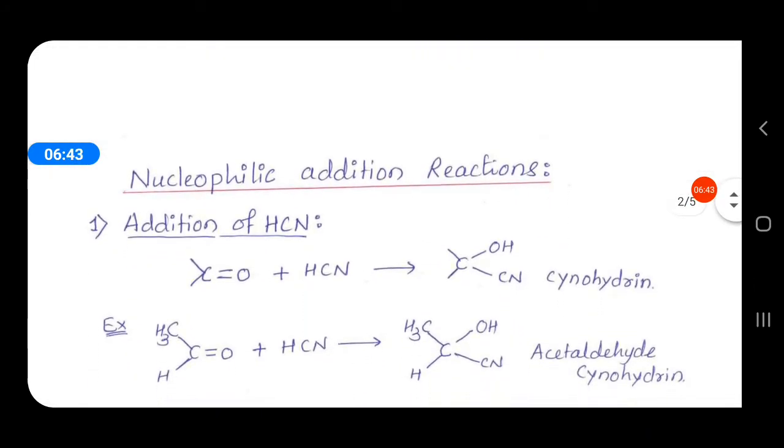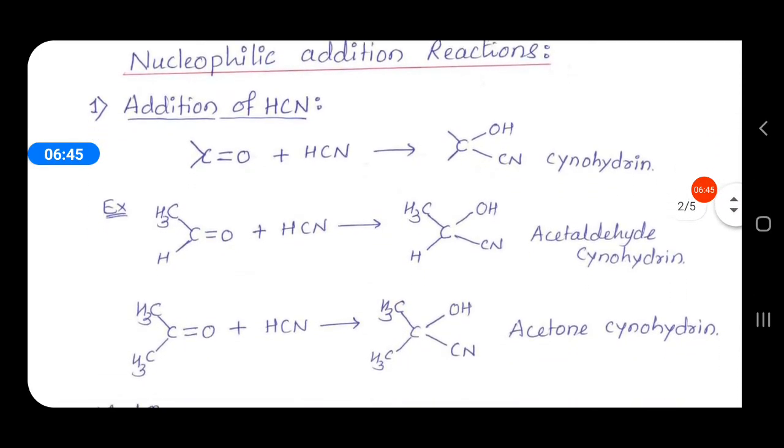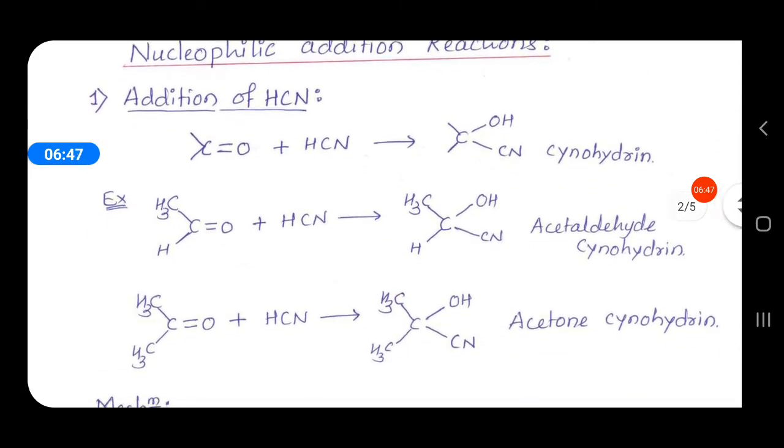Let us see examples of nucleophilic addition reactions. The first one is addition of hydrogen cyanide. As we know, hydrogen cyanide splits as H plus and CN minus. H plus goes to the electron rich oxygen, and CN minus goes to the electron deficient carbon.